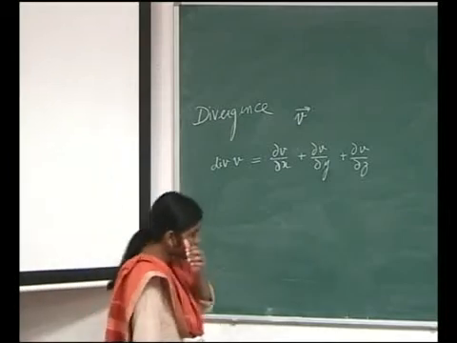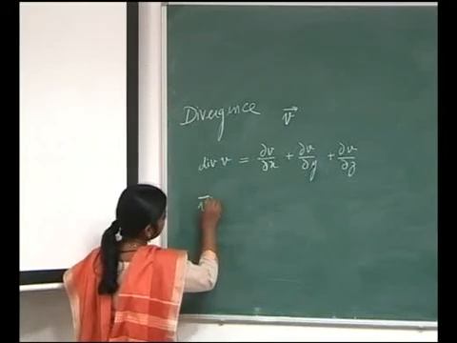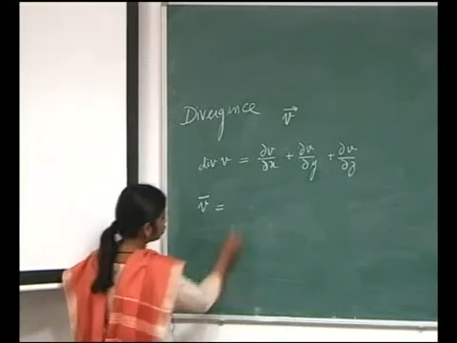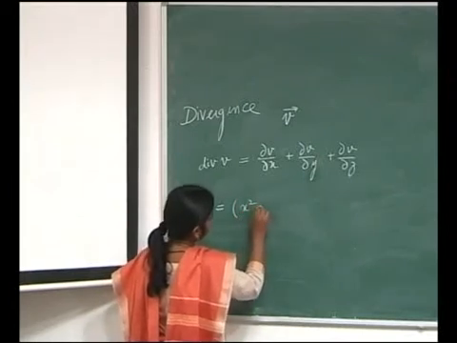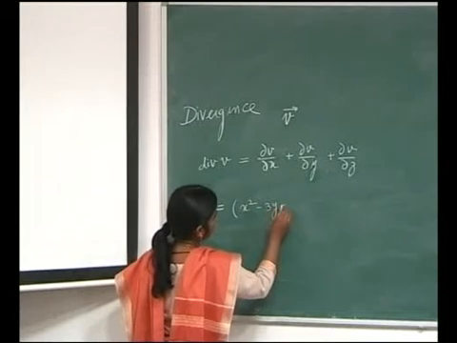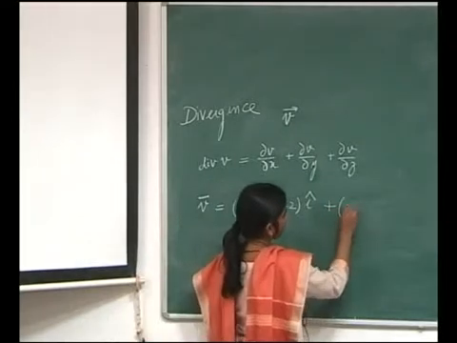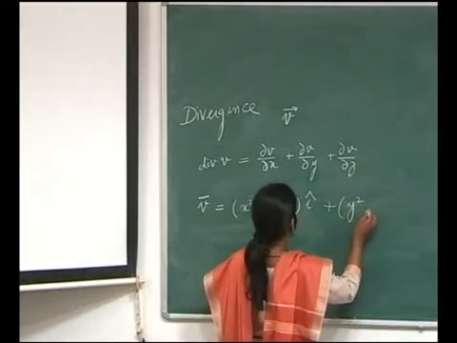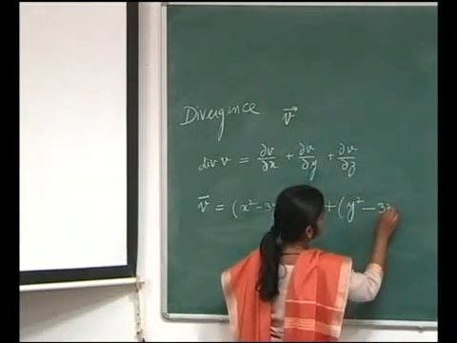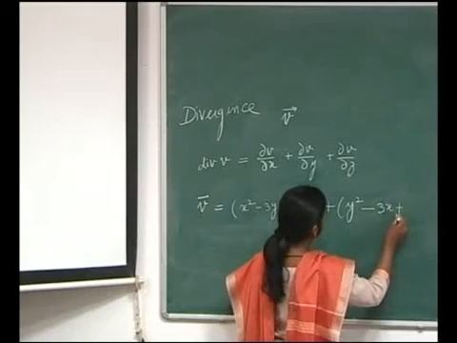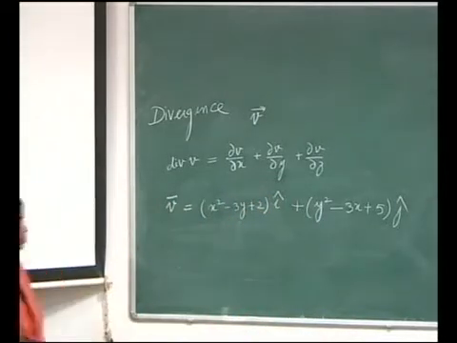Now let us take another example, and that example goes like this. If I have a vector field given by V equals x square minus 3y plus 2 i, plus y square minus 3x plus 5 j.